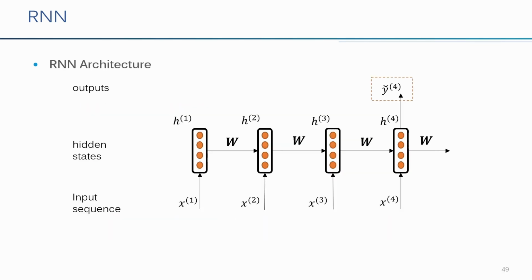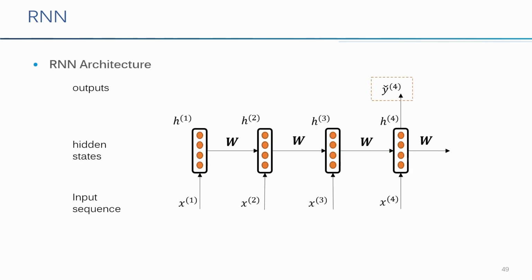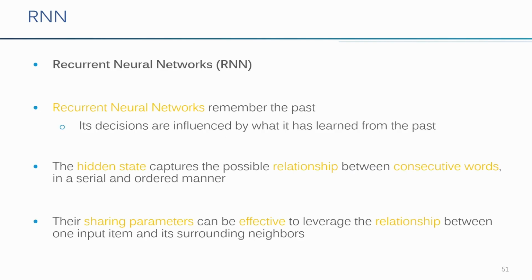So the idea of recurrent neural networks, and the name recurrent comes from the fact that we are reusing those weights over and over again. It remembers the past to some extent, and maybe I should have put this in quotes, because there are some problems associated with that as well.